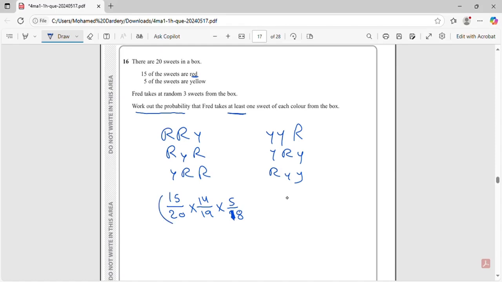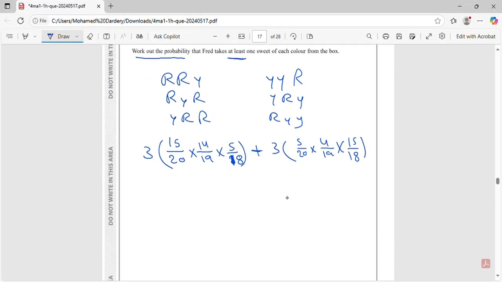And as this is repeated for 3 orders, it will be multiplied by 3. In this situation, if I have 2 yellow, it will be 5 over 20, multiplied by 4 over 19, multiplied by 15 over 18. It will be the same, of course, and I have to multiply by 3. After I make these calculations using the calculator, it will be equal to 45 over 76.